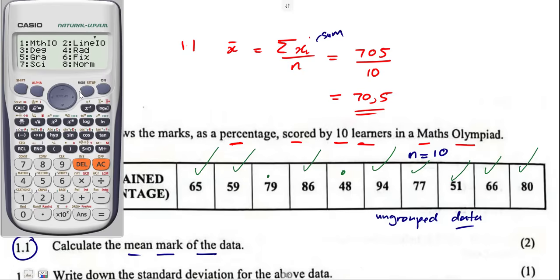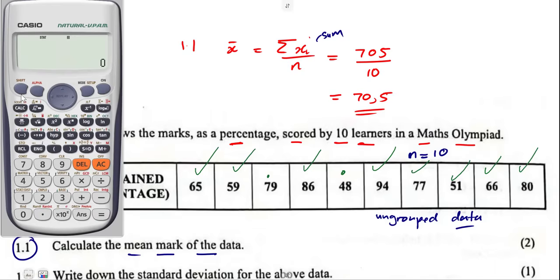Let's check our values here. Let's go back. When inserting your values, you must be very careful that you do not miss any of the values: 65, 59, 79, 86, 48, 94, 77, 51, 66, and we also have 80 there.